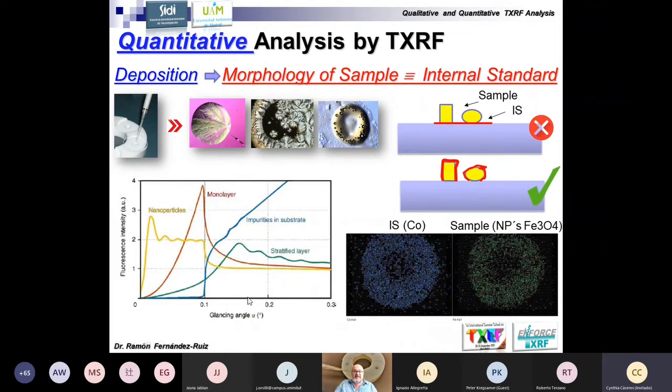That is, in practice, if we have particles, on this angstrom scale, our standard should also be nanoparticles, it cannot be a monolayer. That is the idea.